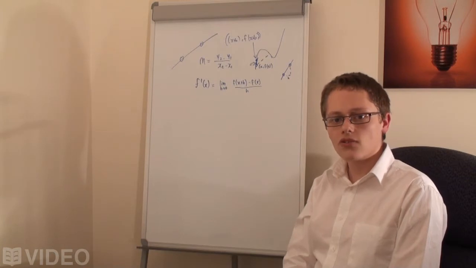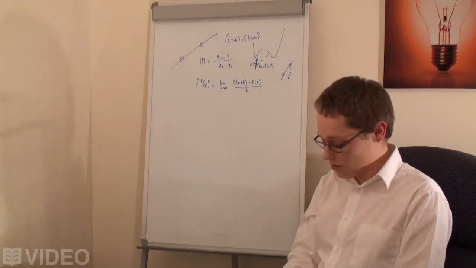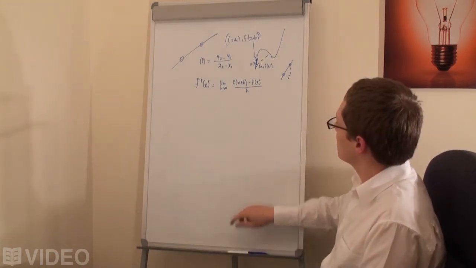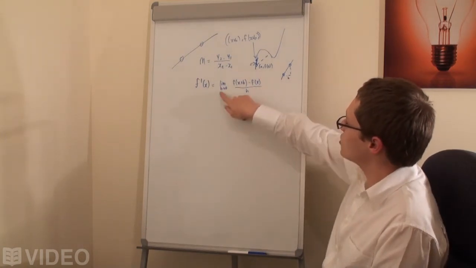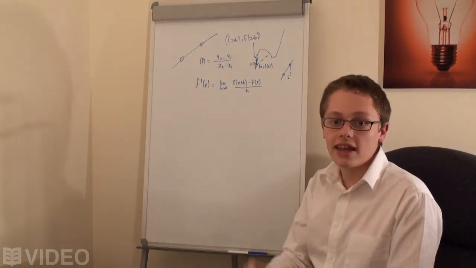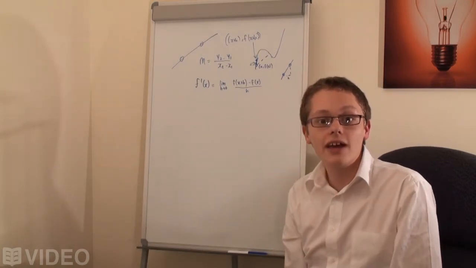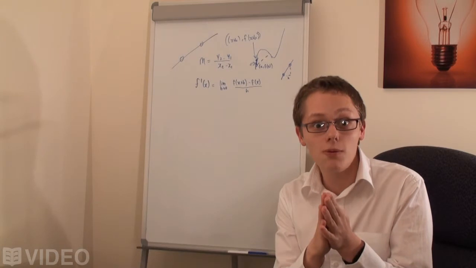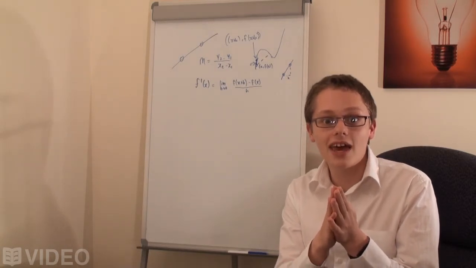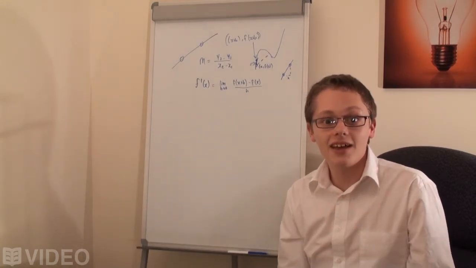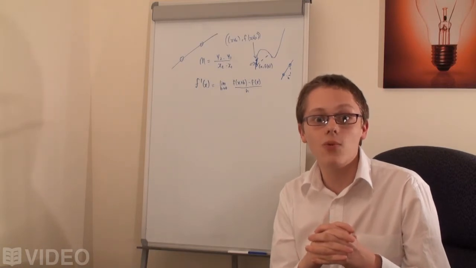So, what we're really doing is a neat little trick here. We're saying, if this h is going to approach 0, then these 2 points are going to pretty much lie on top of each other. And if these 2 points lie on top of each other, then it's like having 1 point there. The slope of the tangent at that 1 point.